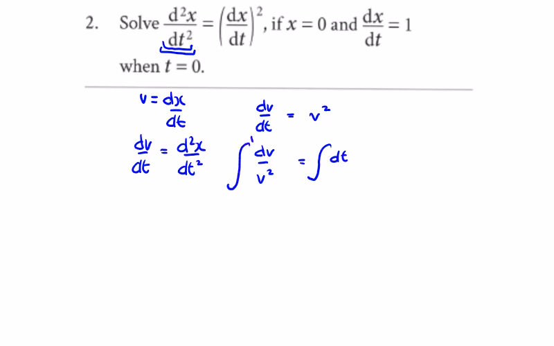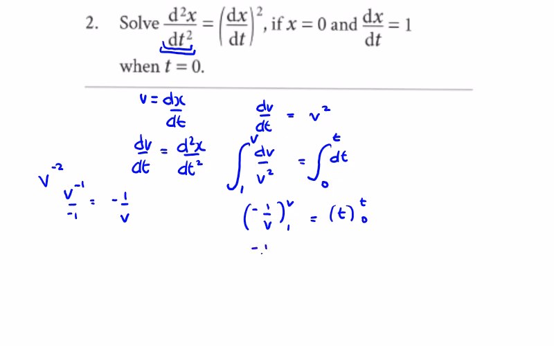is v, is equal to 1, so v is 1 when t is 0. 1 over v squared is v to the minus 2, so we end up with v to the minus 1 over minus 1, which is equal to minus 1 over v. So minus 1 over v between v and 1 is equal to t between t and 0.